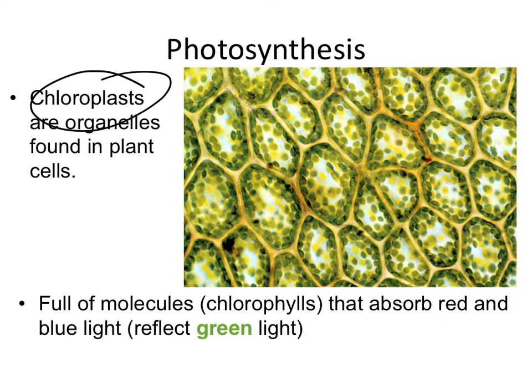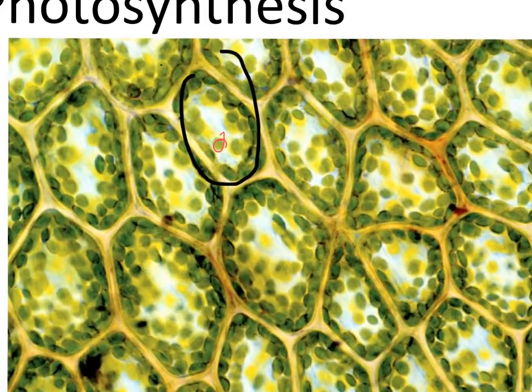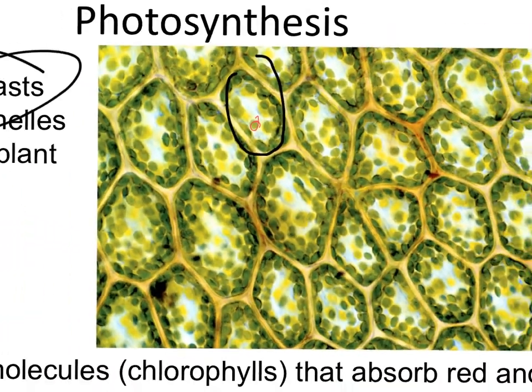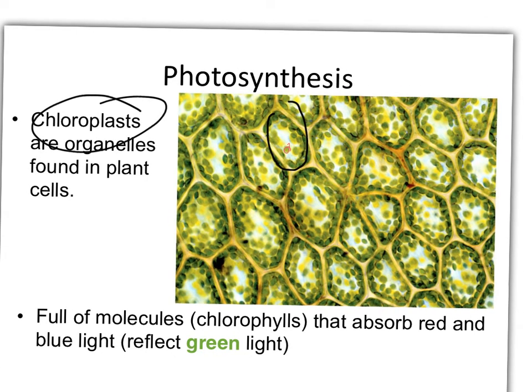You can see each of these are cells, and they have these little tiny organelles in them that carry out photosynthesis. And what photosynthesis does is it converts sunlight as energy, carbon dioxide, and water into glucose.